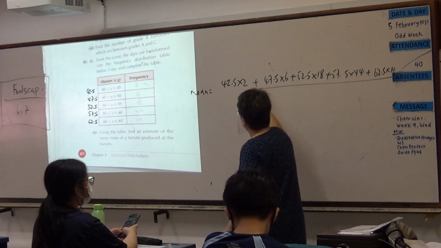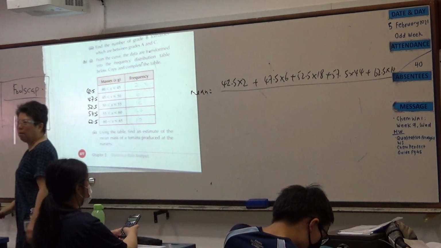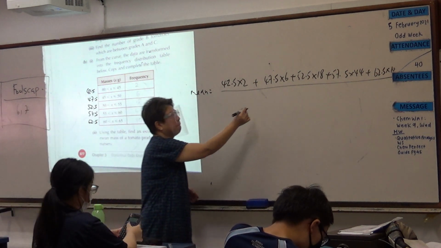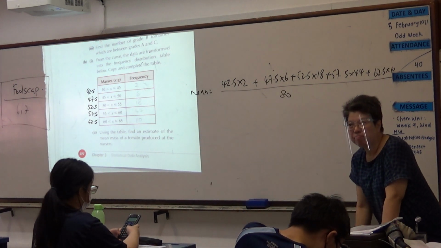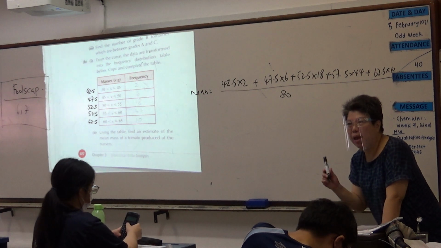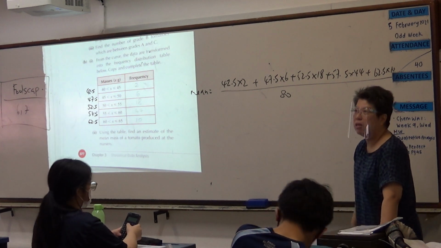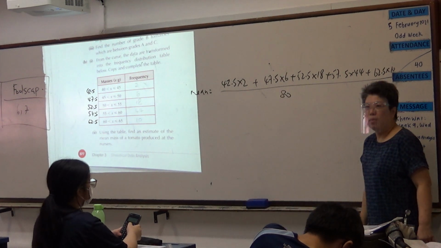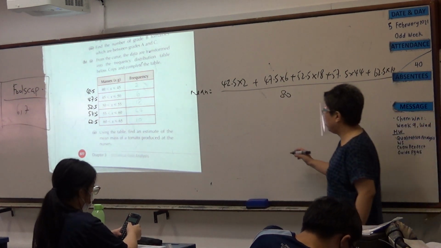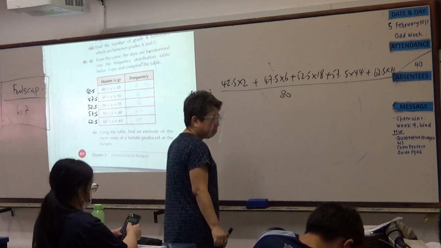Now I want to know divide by what? Divide by 80, right? The total number of tomatoes. Am I right to say that? Now, if the question never give you 80, how would you find out 80 yourself? You add up all the things. Everybody clear?